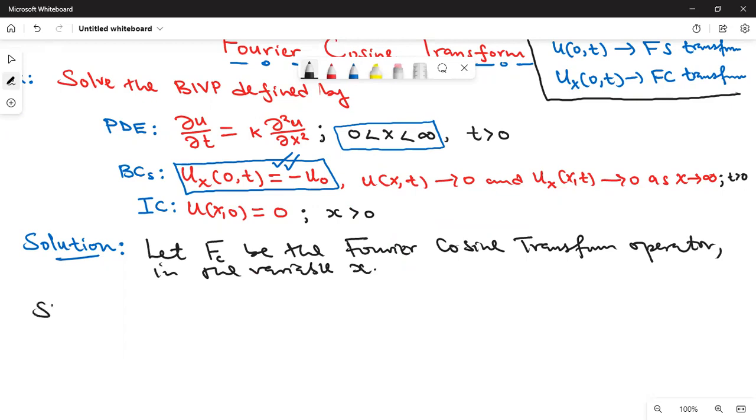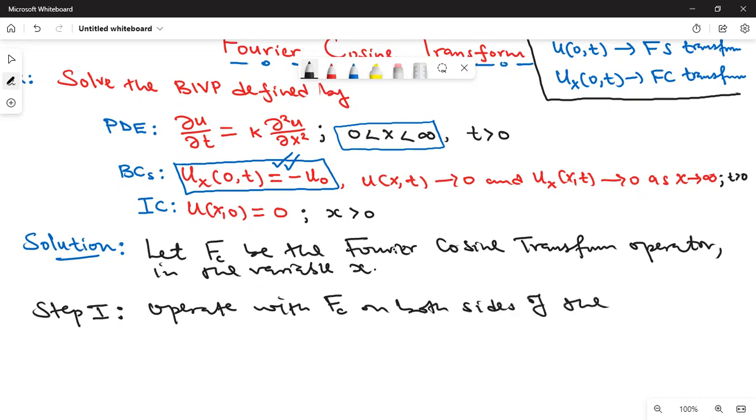So step 1, we are going to operate with F subscript c, the Fourier cosine transform operator, on both sides of the PDE.